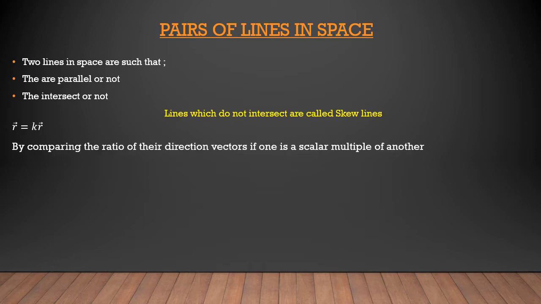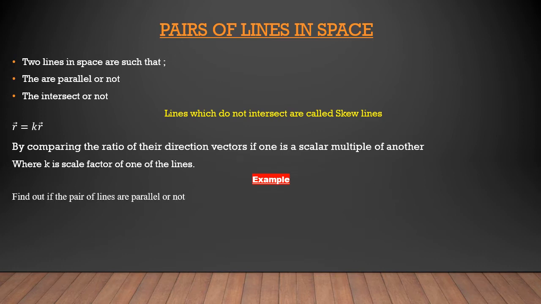Now, another way to know if the lines are parallel or not is comparing the ratios of the direction vectors. So, we're going to take an example to explain this. Find out if the pair of lines are parallel or not.